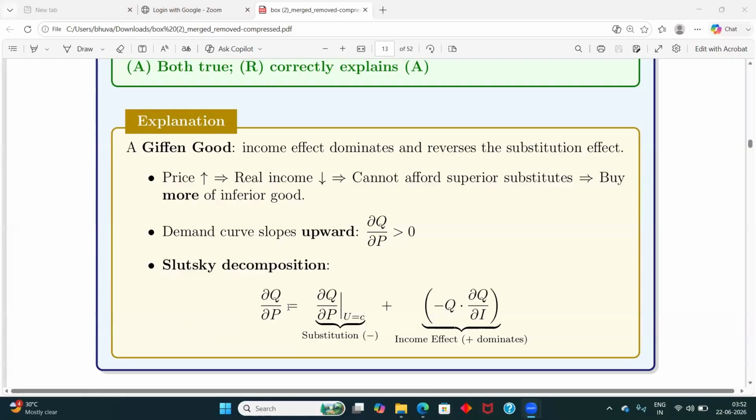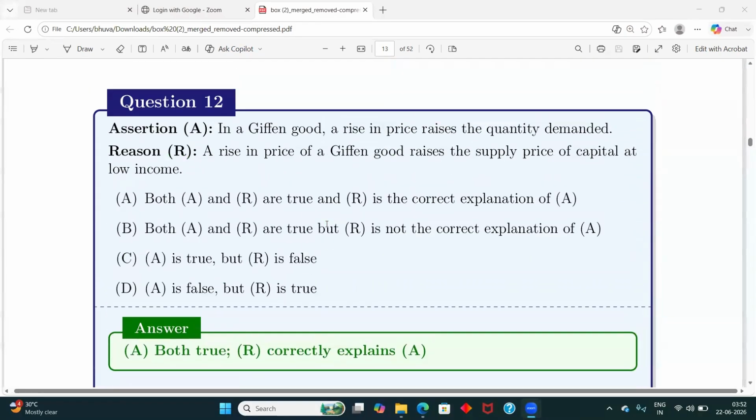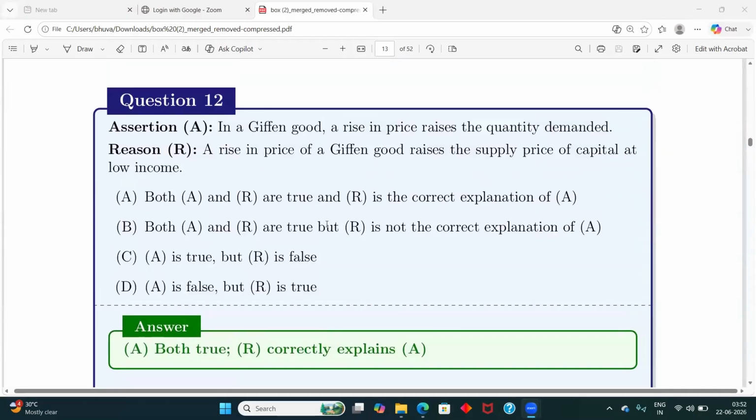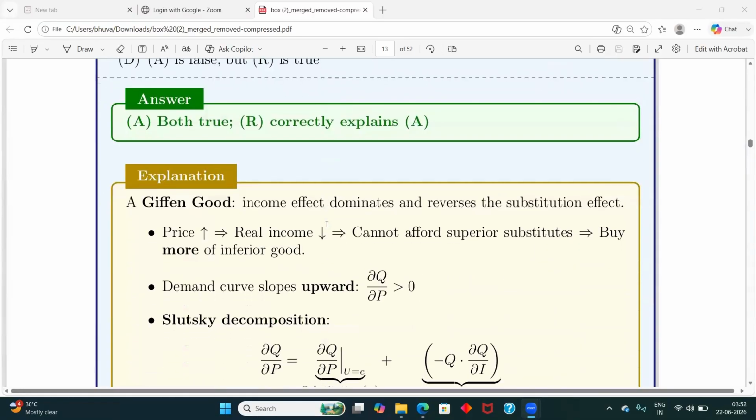Substitution effect is always negative. Income effect depends on the conditions of the goods. Here the income effect dominates. So the correct option is A. Both A and R are true and R is the correct explanation of A: in the case of the given good, when the price of the good increases, the demand for that good will increase.